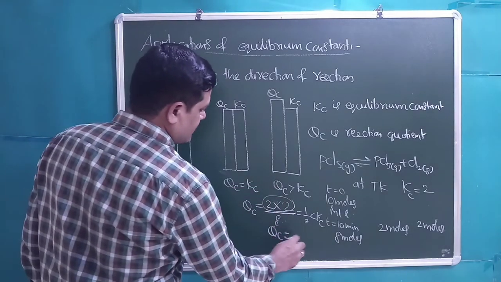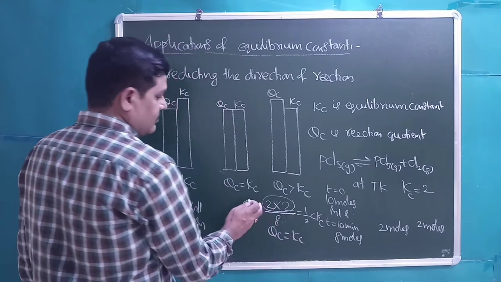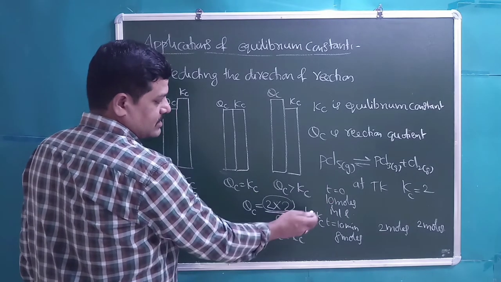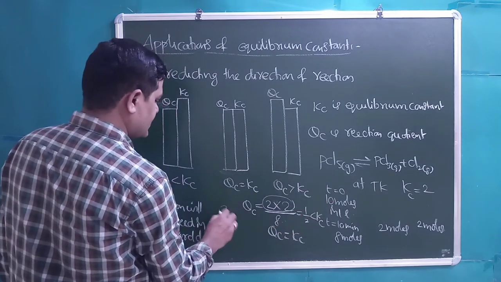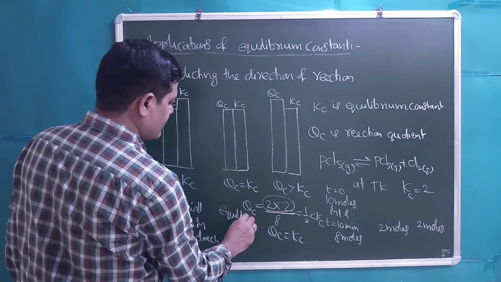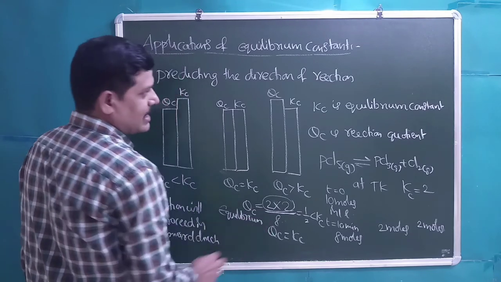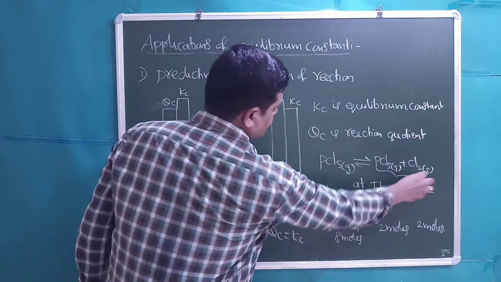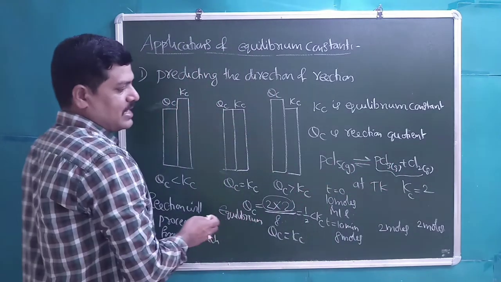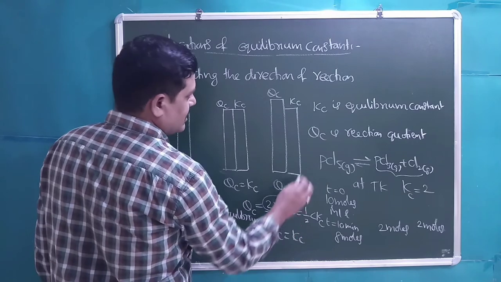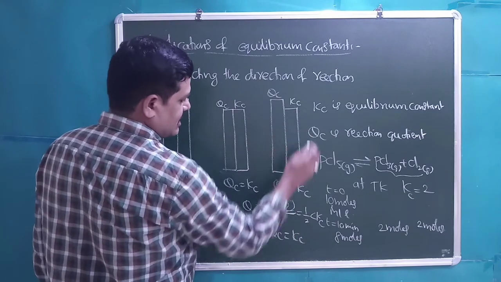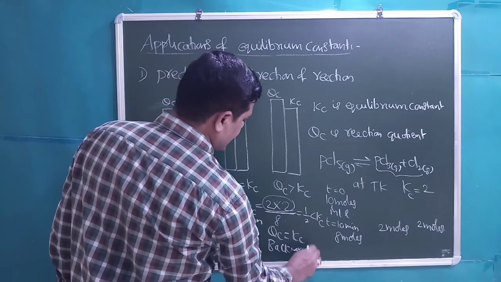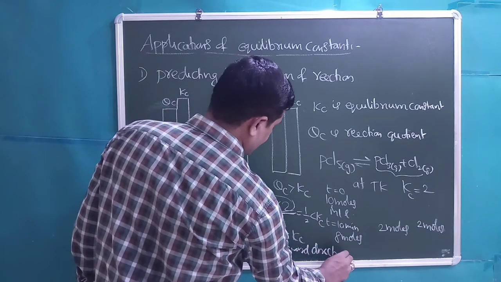Students, after some time what happens? Qc becomes equal to Kc. That is, when we calculate this value using the experimental values, we will get the same value as Kc. Then it is called the equilibrium condition. In the second case, when we start with the products and perform the same reaction, at a particular condition where Qc is greater than Kc, the reaction will proceed in the backward direction, right?